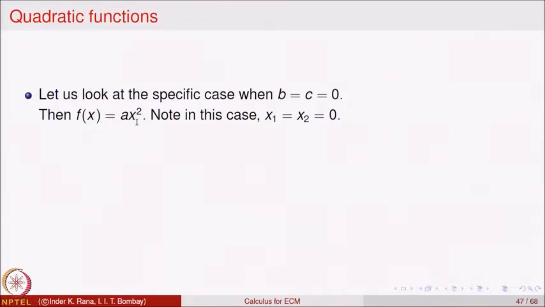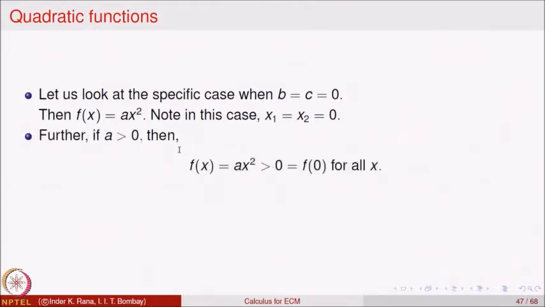A x square equal to 0, so x1 is equal to 0, x2 is equal to 0. So, both the roots coincide and it is 0. The curve passes through the origin 0 0, and it actually is touching at the point 0 0.